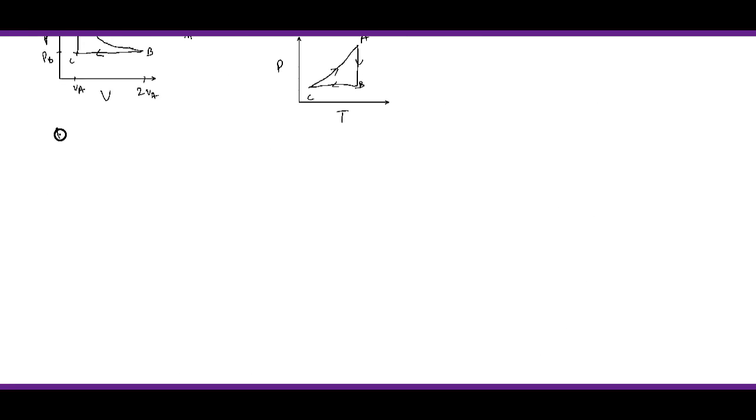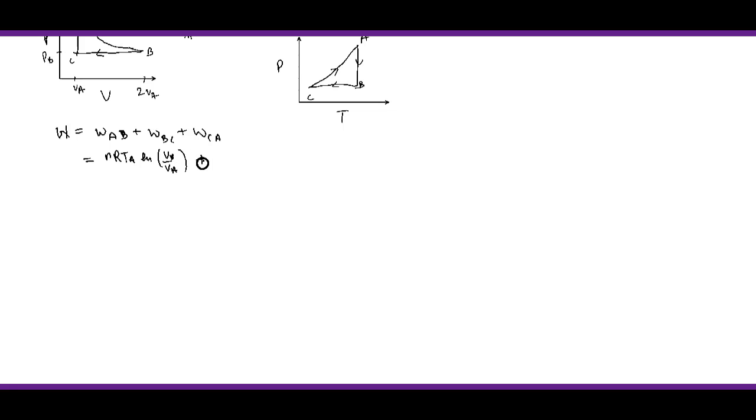Now, as I've said, work done will be W of AB plus W of BC plus W of CA, right? For AB, we have seen here that it is isothermal, so it will be nRTA ln VB over VA, right?